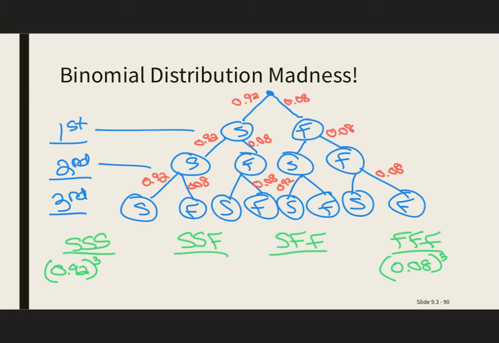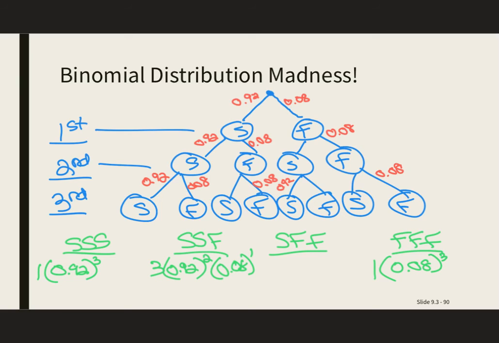And then we have, over here, fail first and then succeed twice. So we have 3 of those, which is 0.92 to the second power, because there are 2 successes, and then 0.08 to the 1. There are 1 of these, and there are 1 of these.